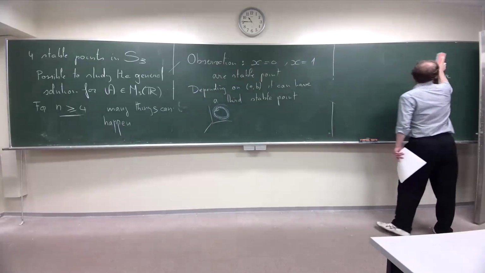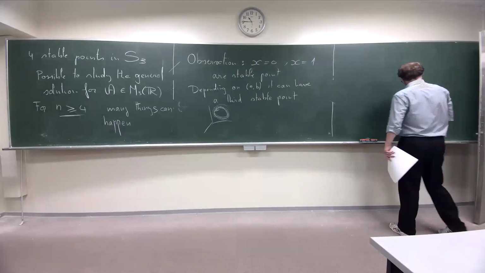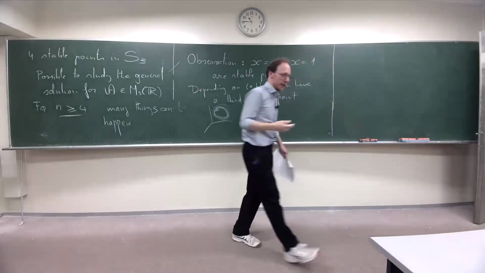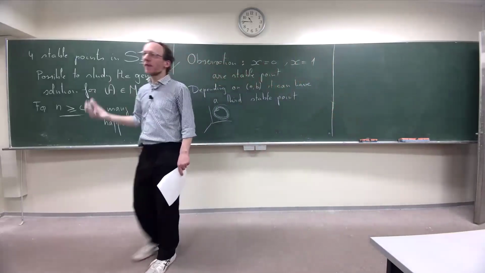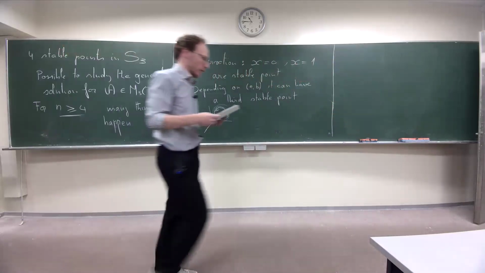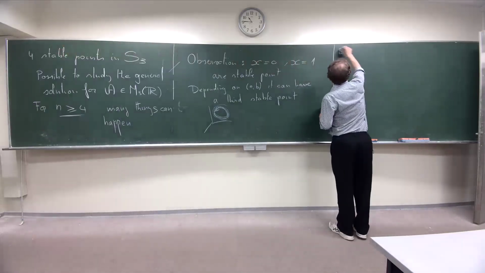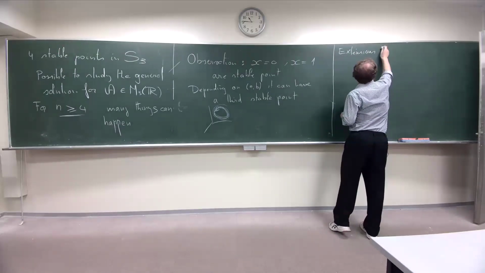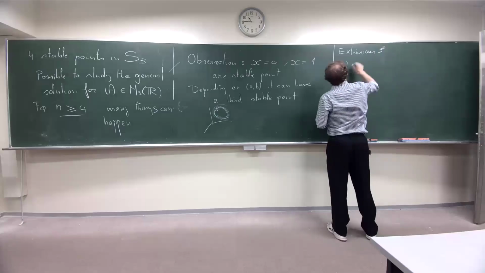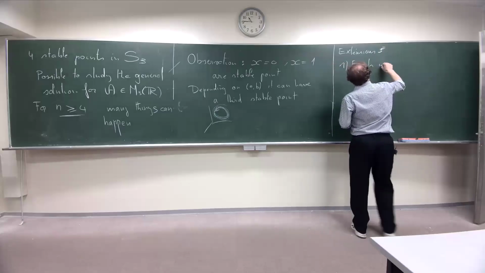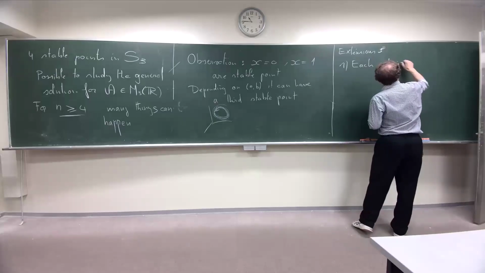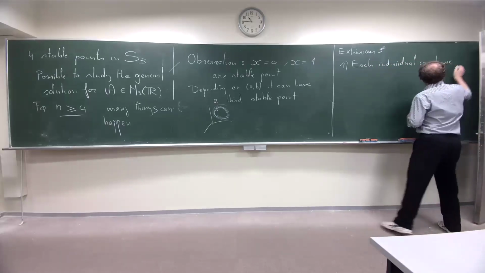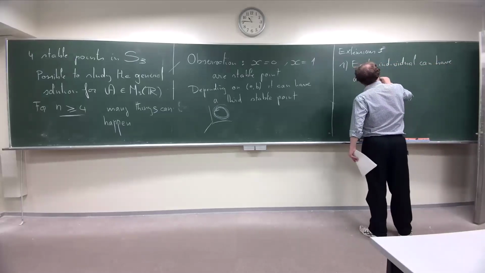The first one, I told you I don't want to have only pure strategies. So I can extend it. Each individual is allowed to have a mixed strategy, which is quite natural. So the first extension: each individual can have a mixed strategy.